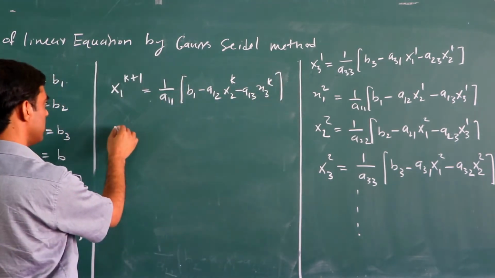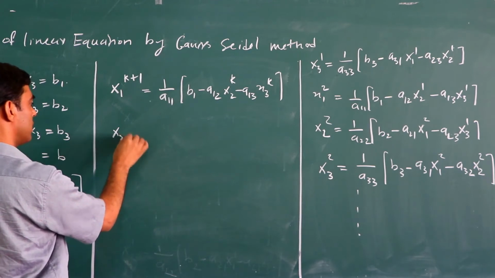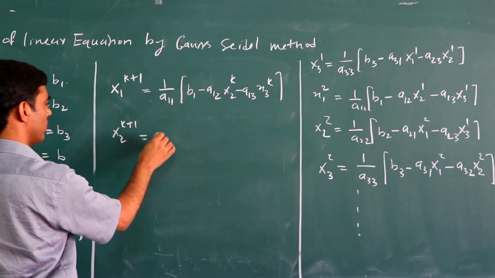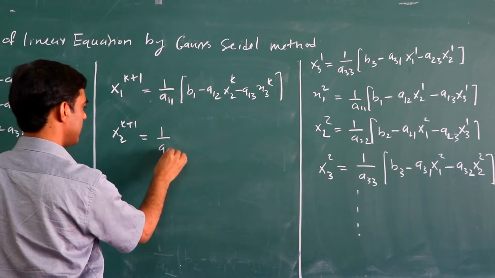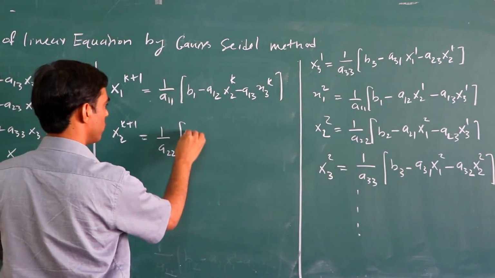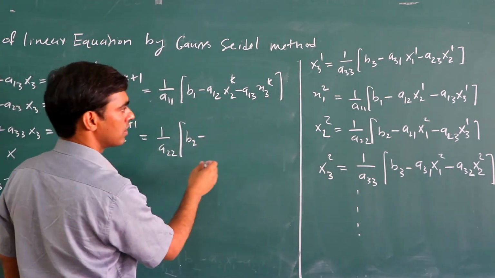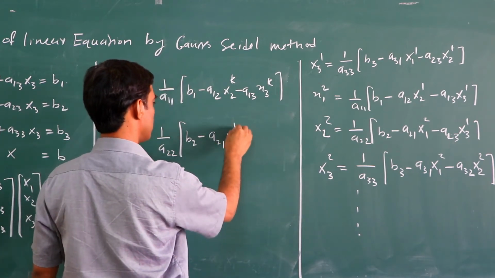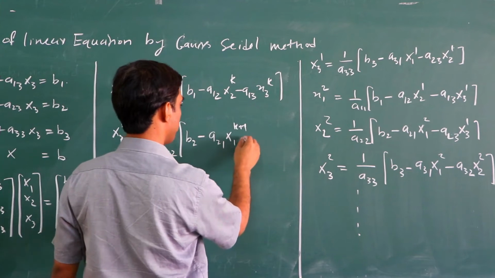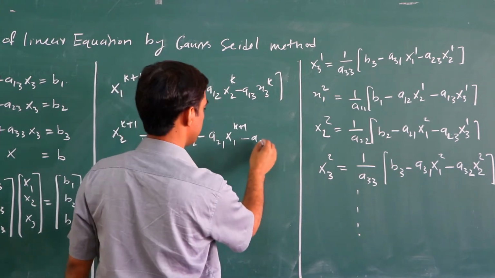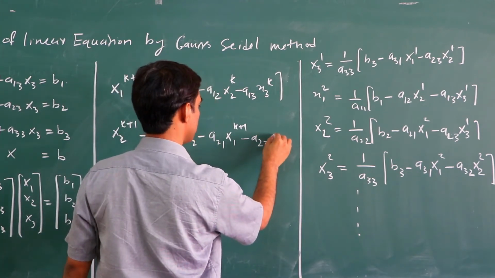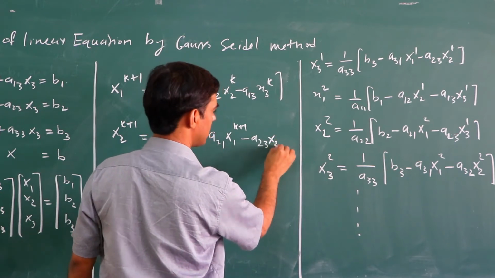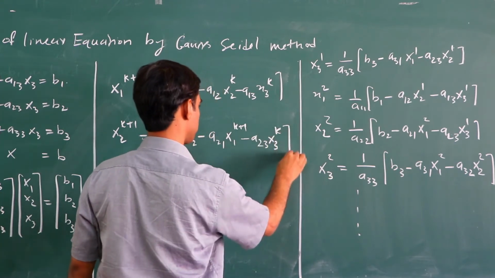And similarly x2 to the power k plus 1 equals 1 upon a22 times v2 minus a21 x1 to the power k plus 1 minus a23 x3 to the power k.